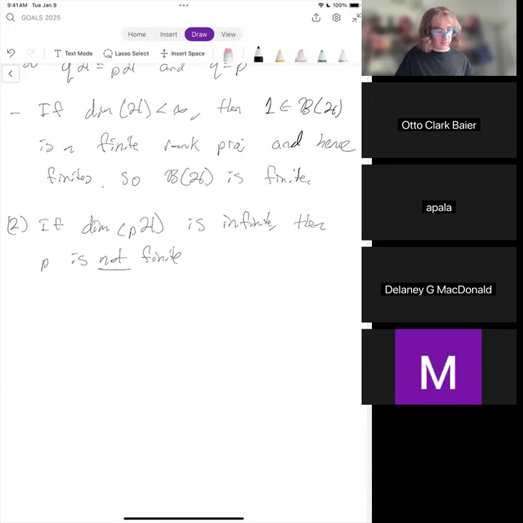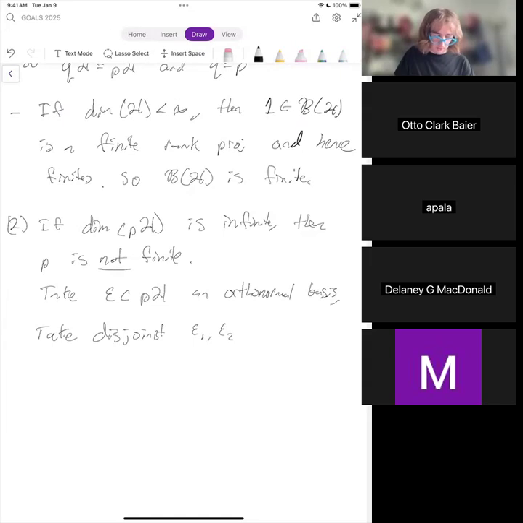And to see this, take an orthonormal basis E inside pH. And then we want to take disjoint subsets with the same cardinality as E. Right, you can do this since they're infinite.